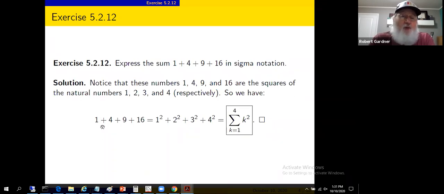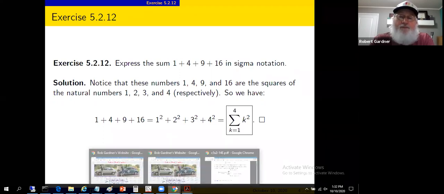So we could take 1 plus 4 plus 9 plus 16 and write it as 1 squared plus 2 squared plus 3 squared plus 4 squared. Or the sum from k equals 1 to 4 of k squared. We got the function. I plug in k equals 1, I get 1 squared. I plug in k equals 2, I get 2 squared, 3 squared, and 4 squared, ending at an upper bound of 4.